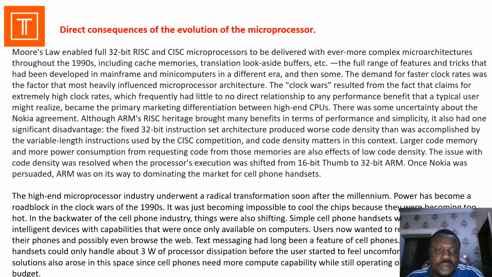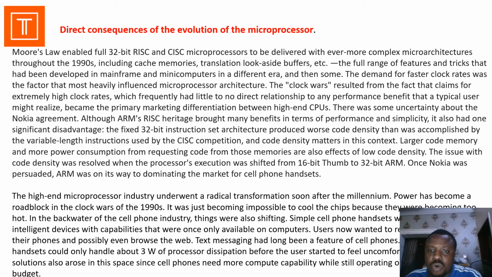Smaller transistors enabled full 32-bit RISC and CISC microprocessors to be delivered with ever more complex microarchitecture in the 90s, including cache memories, translation lookaside buffers, etc. The demand for fast clock rates was the factor that most heavily influenced microprocessor architecture.